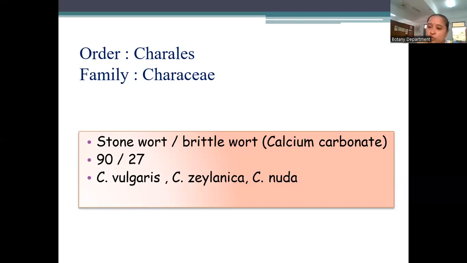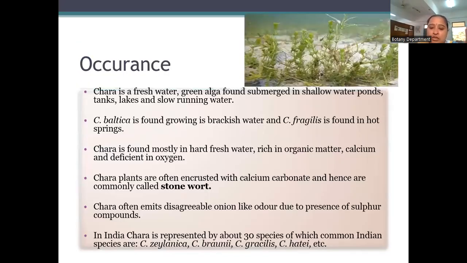This one also is most important. And the next one is coming to the plant structure. These Chara are freshwater green algae, submerged in ponds, and Chara baltica grows in brackish water. Chara fragilis is found in hot water streams. It is mostly found in fresh water.